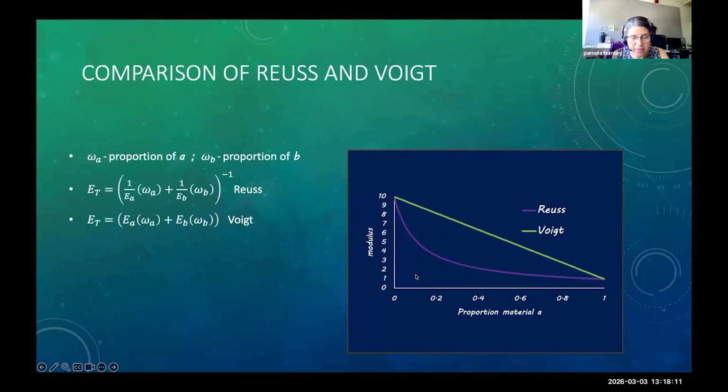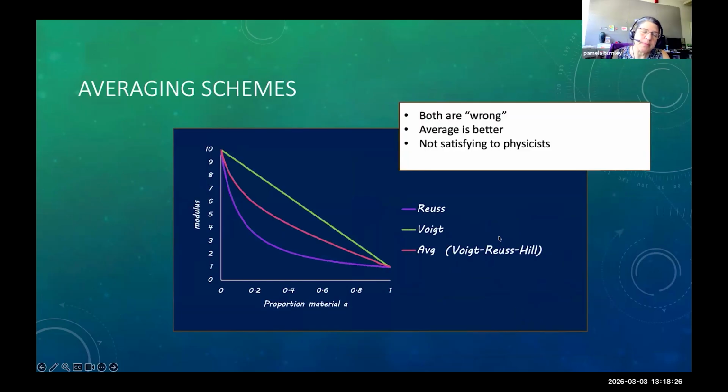Fortunately, we don't often have materials that have such divergent elastic moduli, but you can see, here in the middle, we really don't have a good idea because these are two assumptions. And how would you know which is the right assumption? So we basically know that both assumptions are wrong, right? When people formulated these assumptions, they knew they were both wrong.